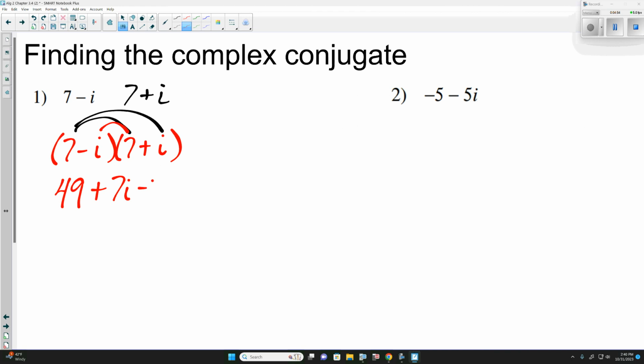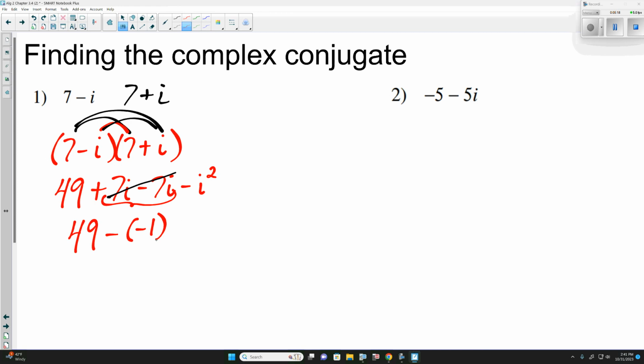Negative i times 7 is negative 7i. And lastly, negative i times i is negative i squared. Now, 49 does not have any like terms at the moment. What's our 7i minus 7i? 0. And we said yesterday i squared is negative 1.